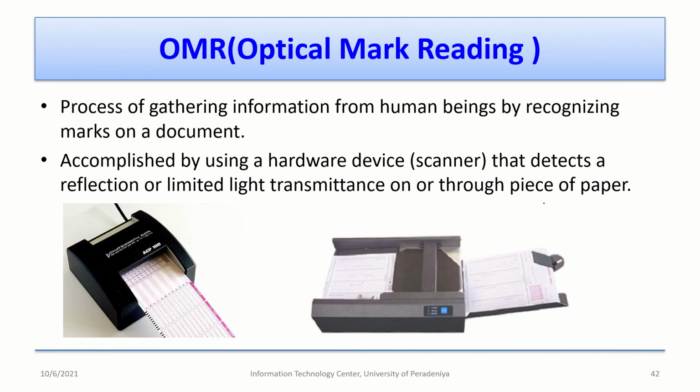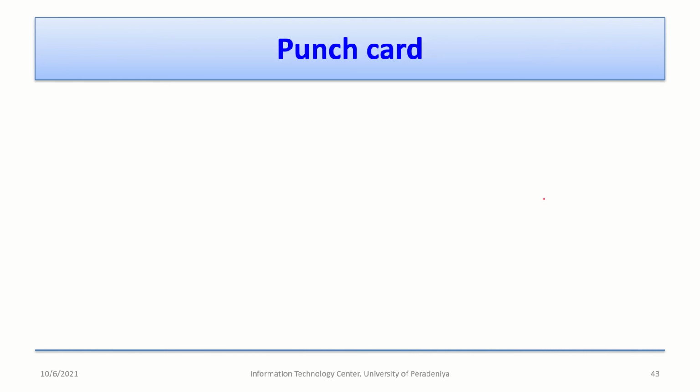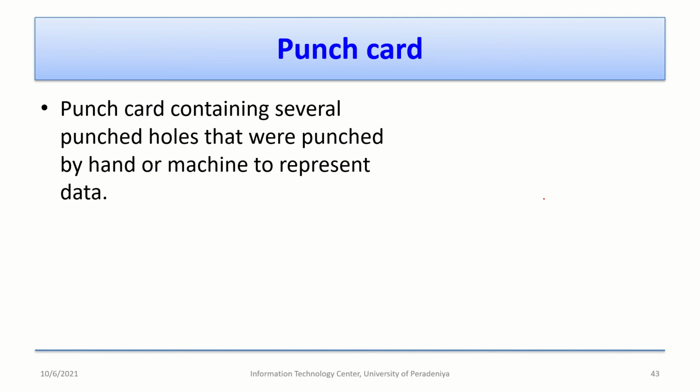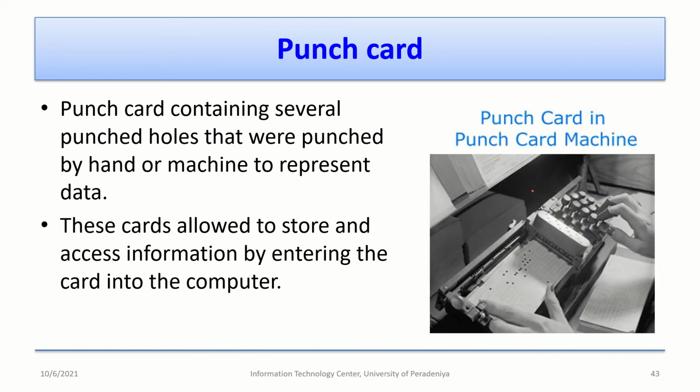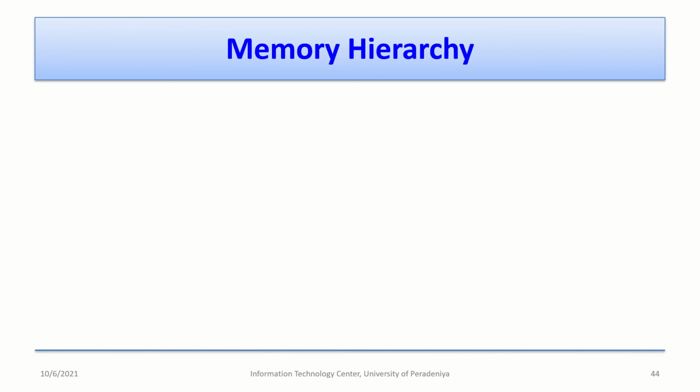Like this. And the next one is the punch card, right? A punch card contains several punch holes that were punched by hand or machine to represent data. These cards allowed storing and accessing information by entering the card into the computer like this. So these are called punch cards or the punch card machine.